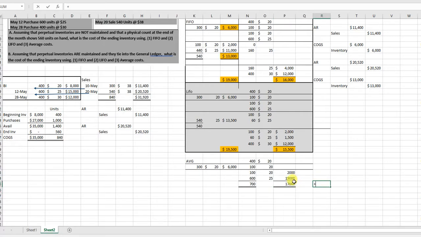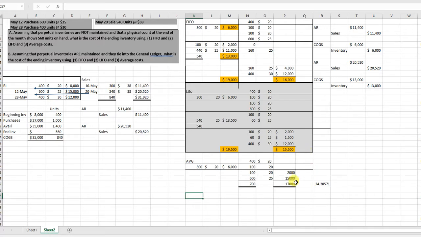So my average cost is $17,000 divided by the 700 units. My average cost was $24.28. You can round it, but I'm just going to leave it like that. Okay, so now when I sold some on May 10th, my average cost was $24.28.